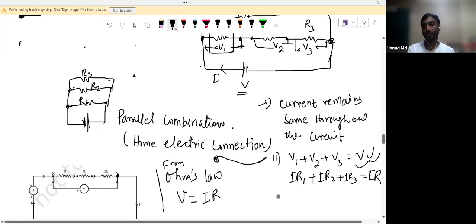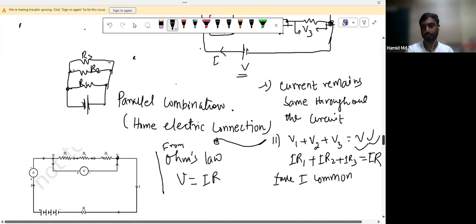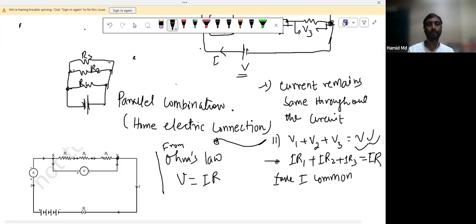What will I do now? We will take I common. Take current common. Can you proceed with this? Can you solve this line? Govita and Tejasvi, can you solve this line? Take the I common. How will it look?